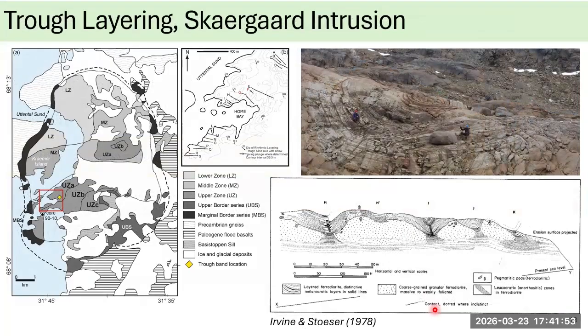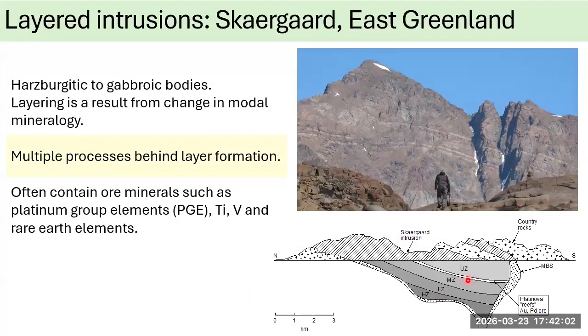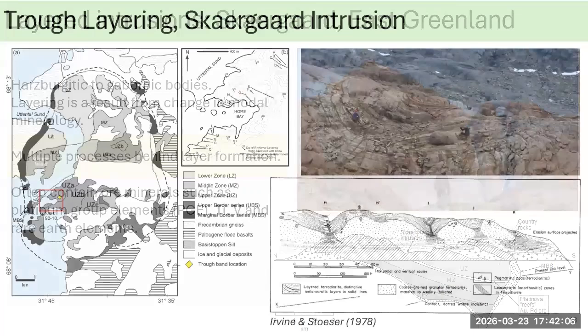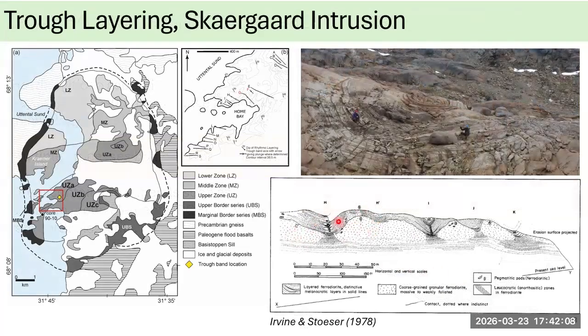So back to Skaergaard intrusion. It is around 50 million years old, and it's divided in a couple of zones here. From hidden zone, lower zone, main zone, and upper zone. But these particular interesting layers are called trough layers. You can see them, they're almost synclinal layers.